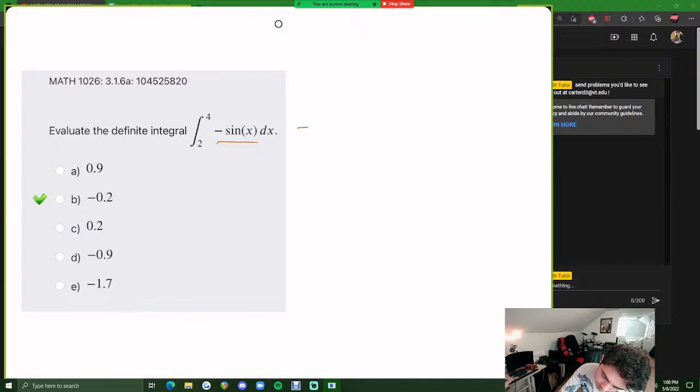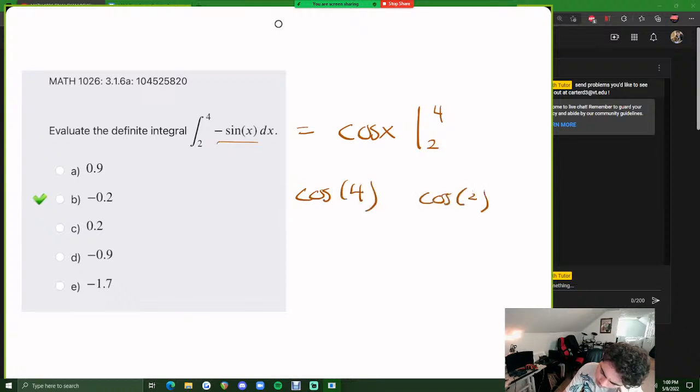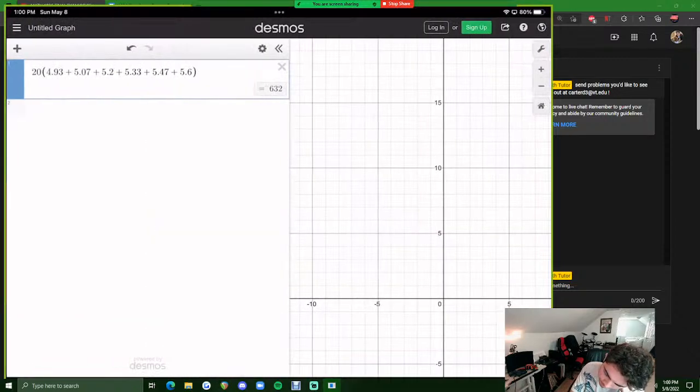So the first step, antiderivative of negative sine is cosine of x, because if you took the derivative of cosine of x, you'd get negative sine. So just positive cosine of x evaluated from 2 to 4. So we plug in the 4, we plug in the 2, and we subtract the 2. So this is very much a job for a calculator.